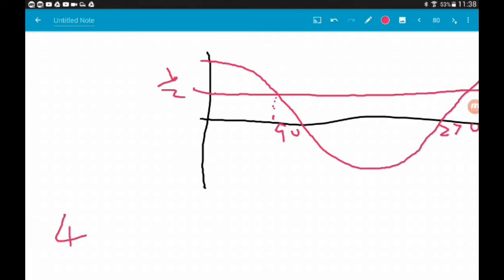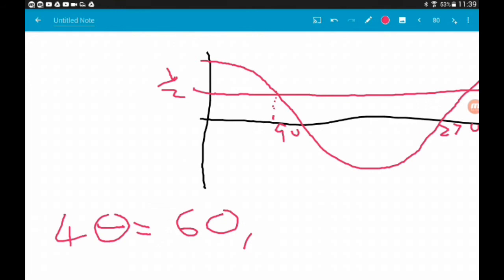So we got 4 theta is 60 degrees. Now, if we add one period onto that, 60 add 360 is 420. So that is out of our interval for 4 theta.